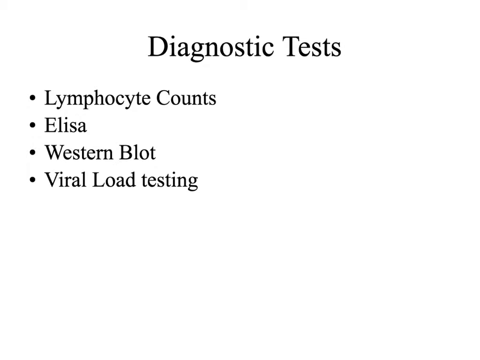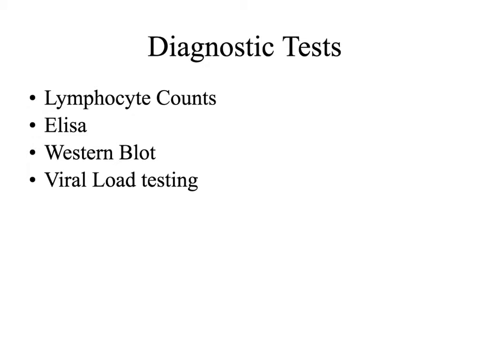The CD4 count also determines how much of the virus the patient has present in their body. As they're being treated with antiviral medications, the CD4 count is used to determine how well the medication is working. So if the CD4 count is really low, that means the medication is not working well for them.